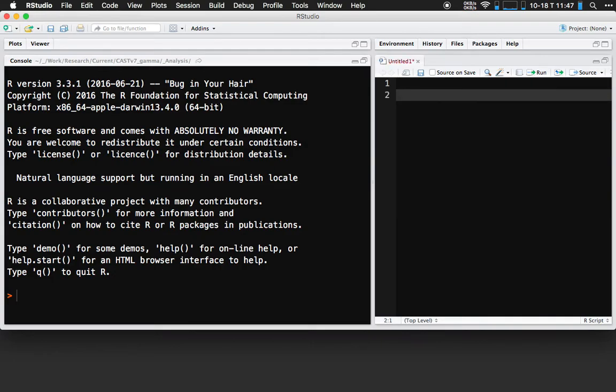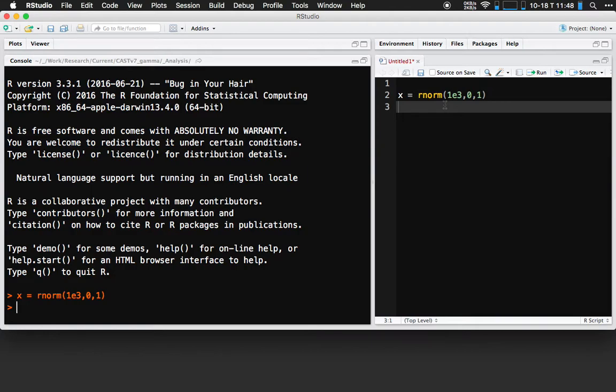So if I generate a bunch of random numbers, I'll store them in something called X. I'll use rnorm to generate 1,000 numbers, with a mean of 0 and a standard deviation of 1. Standard deviation is just the square root of the variance. So I'll generate those numbers.